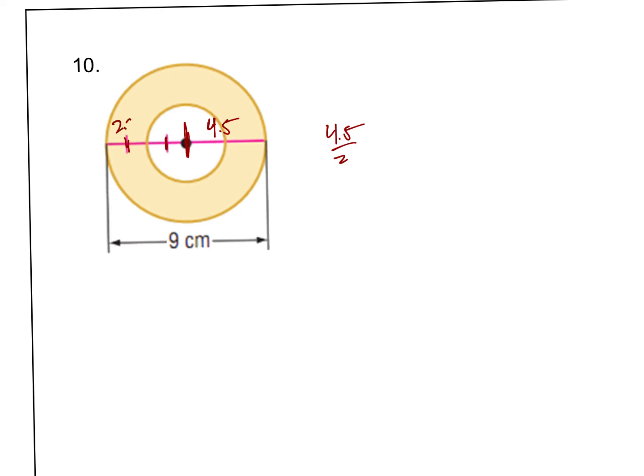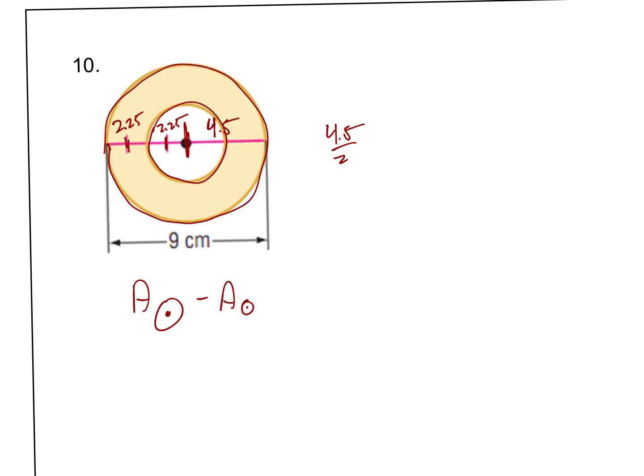So that's 2.25. So what I'm going to do is I'm going to take the area of the big circle minus the area of the little circle, and that should give me the shaded part. Okay, if I take the area of this whole thing and subtract that, that should give me the area of the shaded part. So I want to take 4.5 squared times pi minus 2.25 squared times pi.